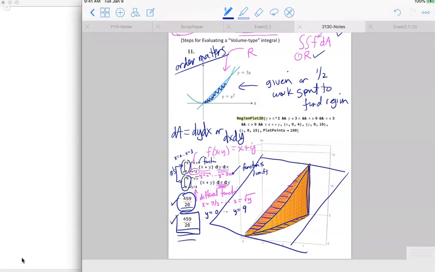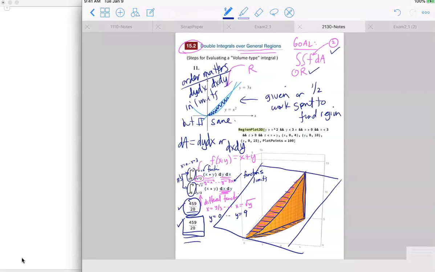The order matters when it comes to dy dx or dx dy in terms of the limits, but the number should be the same when you evaluate. So that's just a general overview of what we're going to see in section 15.2. In the rest of the video, we will make progress on doing some specifics.